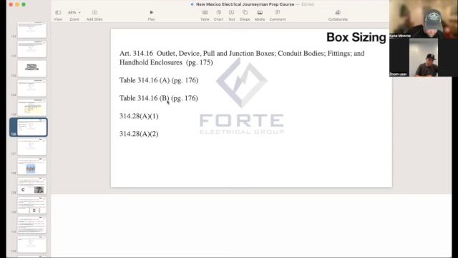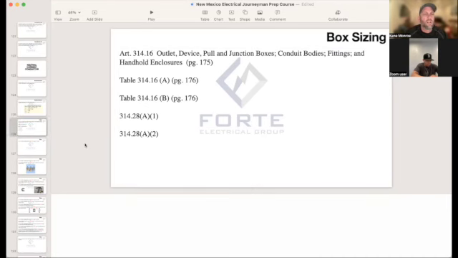I do remember having a question about how many number 12s can fit in a 1-inch FMC. This one's a little bit different. This was box sizes. Your FMC is in the back. We'll get to that here in a second.